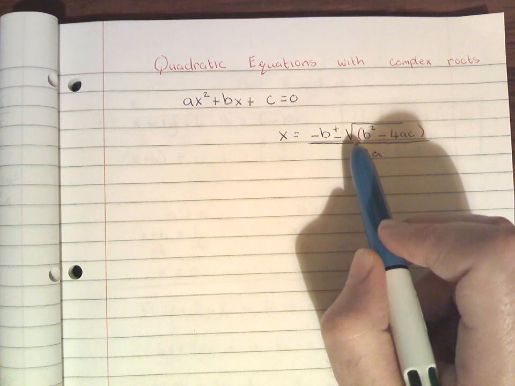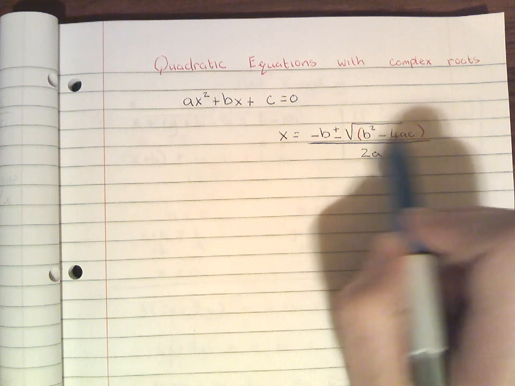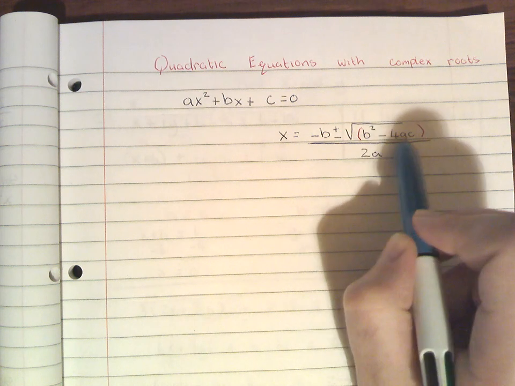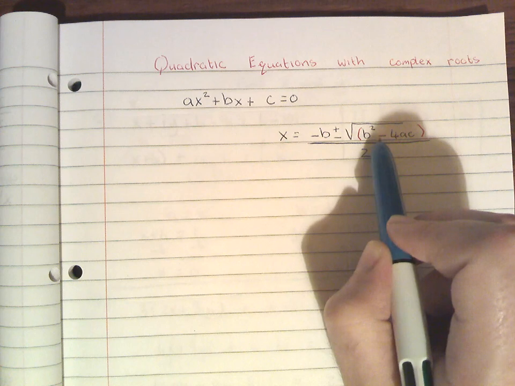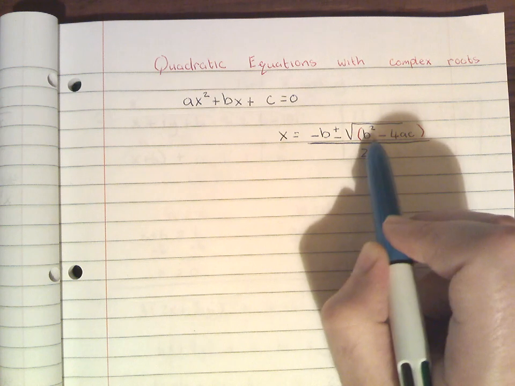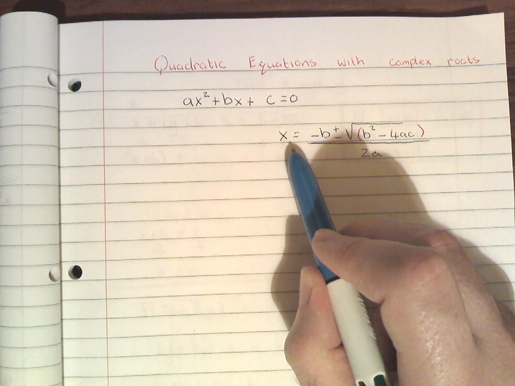Then the roots will generally be a complex number, because you're getting the square root of a negative number.